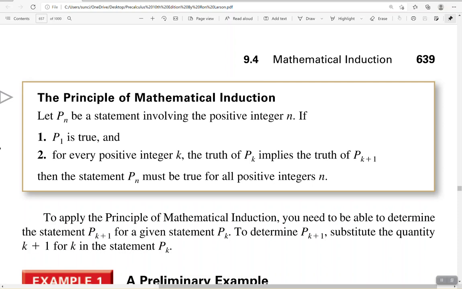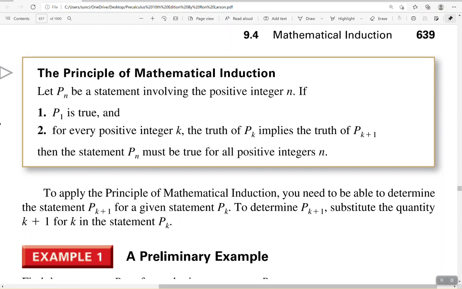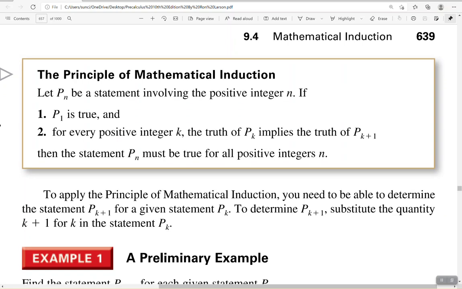So first you must check that the base case is true. If the base case doesn't work out, then you can't do this. So the base case has to be true, just like we did in part 1. And then number 2, for every positive integer k, the truth of p sub k implies the truth of p sub k plus 1. Then the statement p sub n must be true for all positive integers. Okay, so that's how you say it in math language.